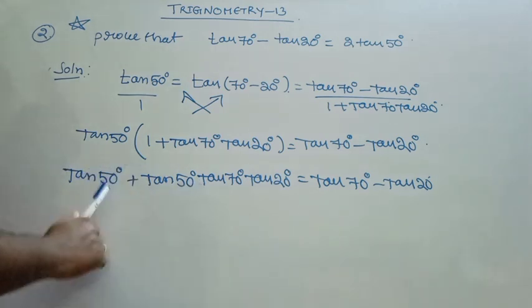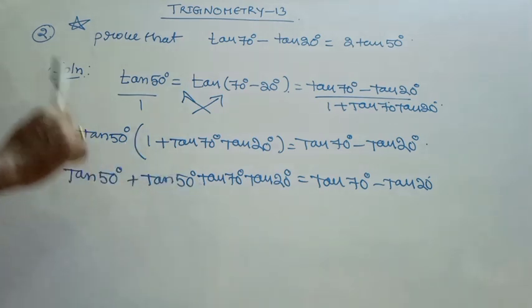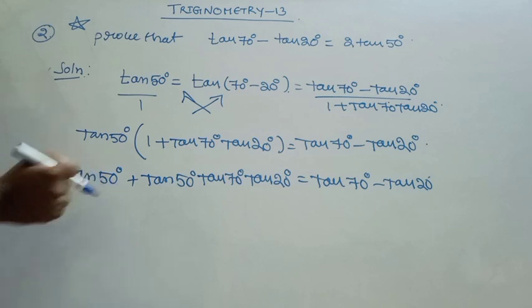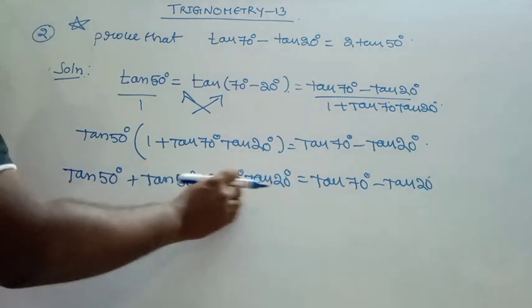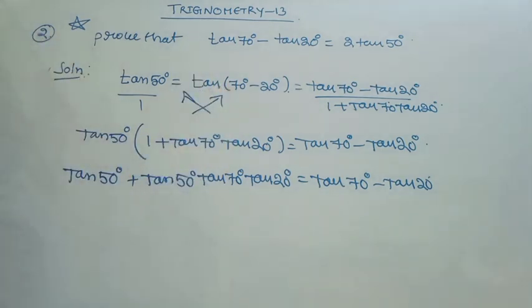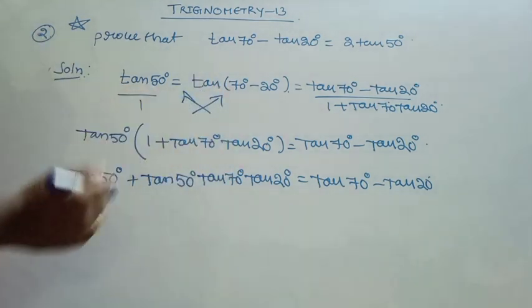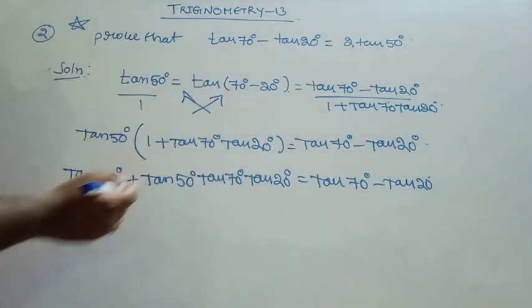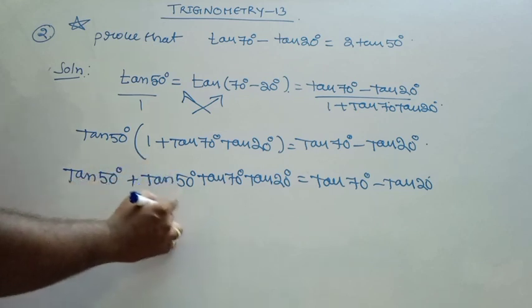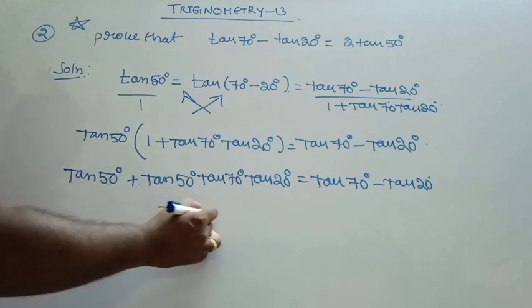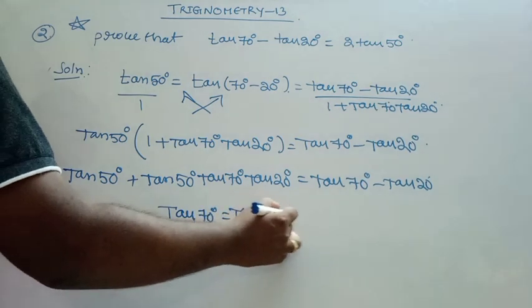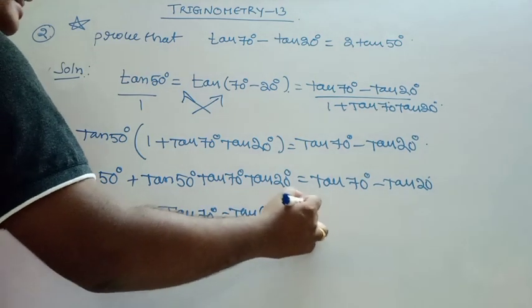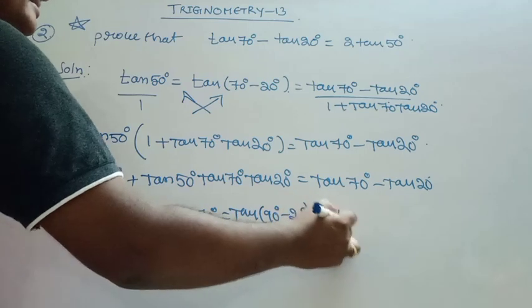Now if you prove that this is equal to 2 tan 50 degrees, that is enough. Already one tan 50 degrees is here, another tan 50 degrees, and if these both cancel, then our problem is over. How will they cancel? You see, my dear student, tan 70 degrees you can write as tan of 90 degrees minus 20 degrees, that is nothing but cot 20 degrees, right?